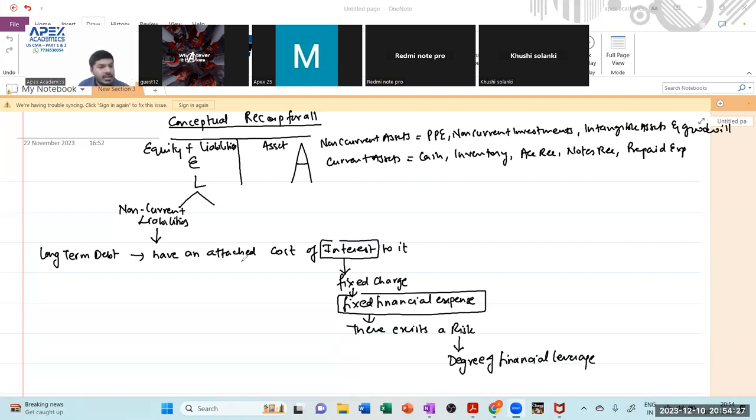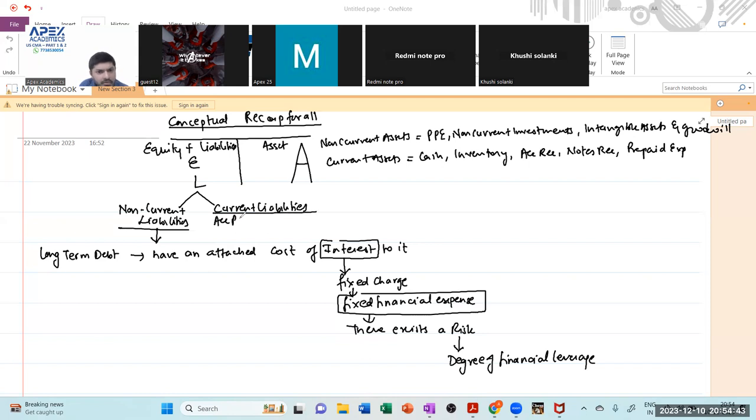Now, let's go to liabilities. One is non-current liabilities. Yes, provision comes under current liabilities. Don't worry about it. Then comes your current liabilities. What are your current liabilities?